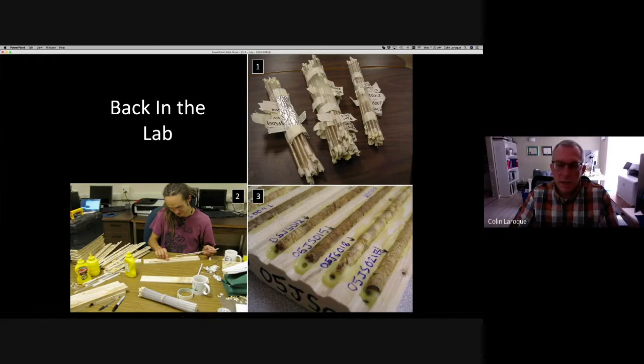We transfer any labels or information that we need, and then we glue them in with some carpenter's glue. It looks like mustard containers there, but that's just glue, because we like the nice fine tip of the mustard containers, and they go into the slots well, and then we can glue the cores in.